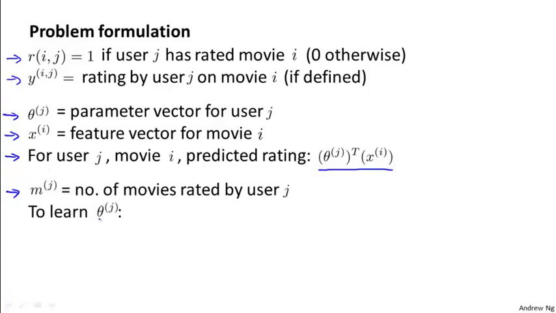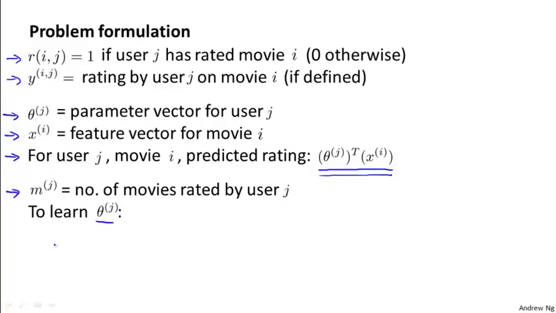Now, in order to learn the parameter vector theta j, how can we do so? This is basically a linear regression problem. So what we can do is just choose a parameter vector theta j so that the predicted values here are as close as possible to the values that we observed in our training set, to the values we observed in our data. So let's write that down.